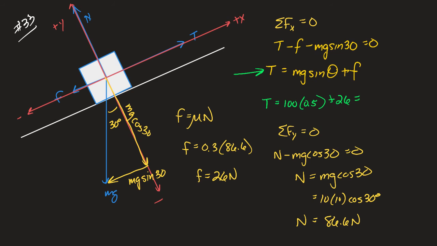So that's 76. But you'll probably have a decimal value because you will not have rounded as much as I did. This is not the answer in the back of the book. The answer in the back of the book is a slight difference because the back of the book uses 9.8. So if you want the answer in the back of the book, redo the problem with 9.8 and you'll get their answer. It's close.